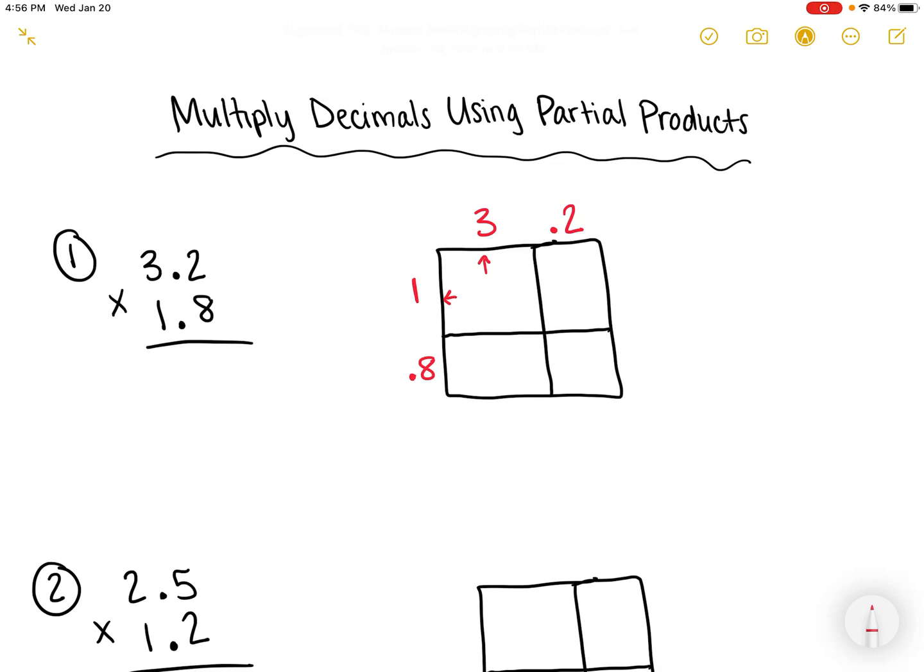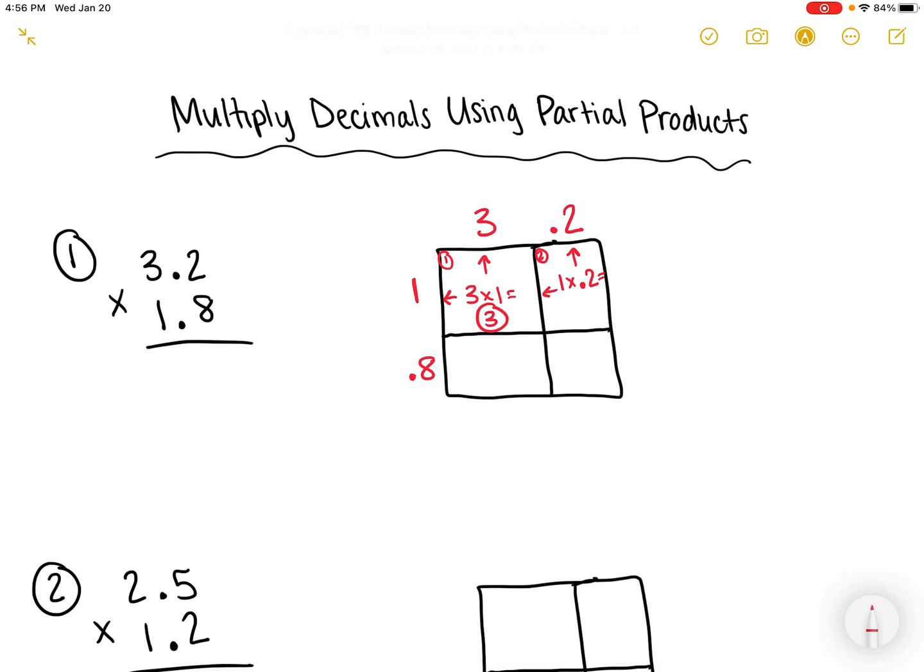So for this box right here, box number 1, we are going to look up top. I see a 3, and we're going to multiply it by 1, the number to the side. So 3 times 1 is 3. Now let's move to the second box over here. Let's look up top. Let's look to the side. What number should I multiply? I should do 1 times 2/10.